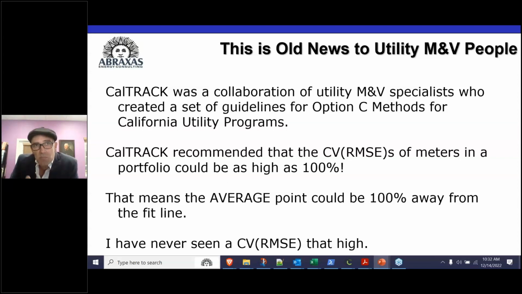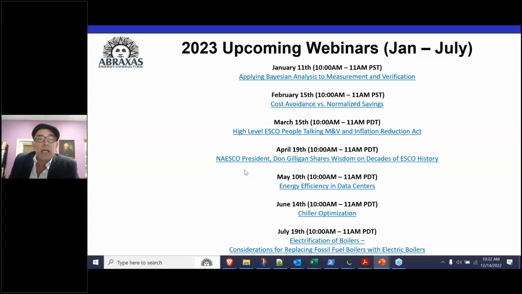And if each of those people is an individual building owner, they really want to know if they're saving energy or not. And they don't care about the aggregate, they care about their building. Then this whole thing about having a CVRMSE of 100 doesn't work, okay? But if they're all one owner, that's a different story. Okay, I think that's all I've got.